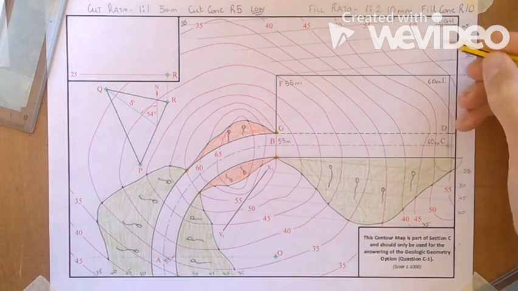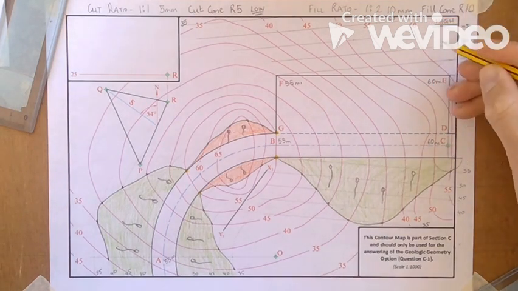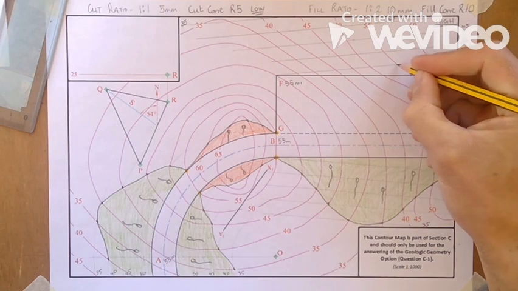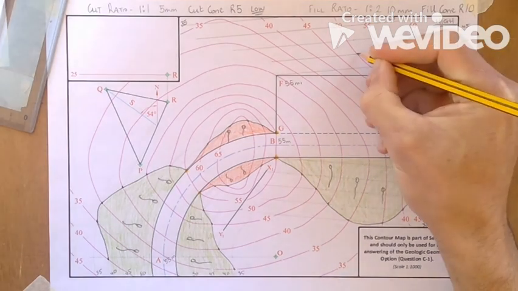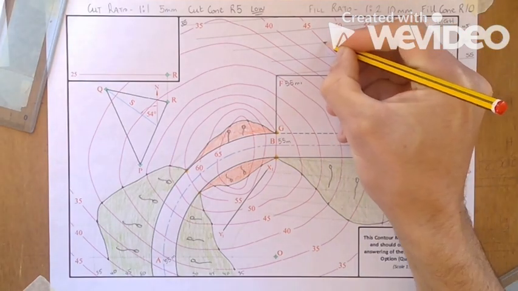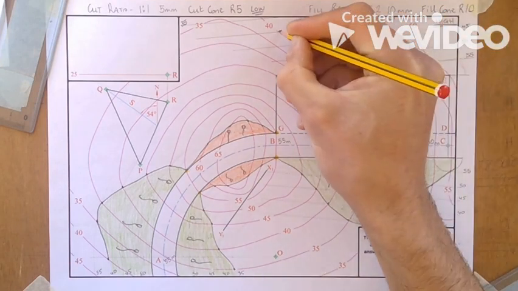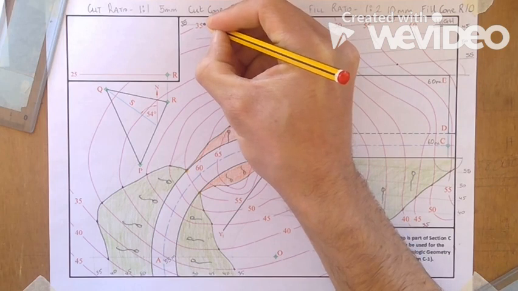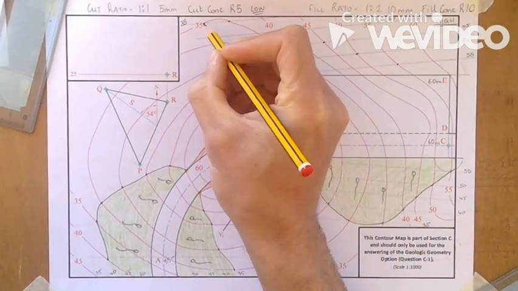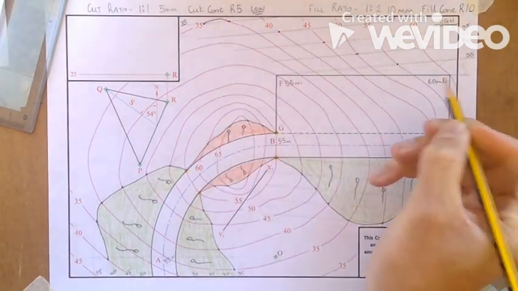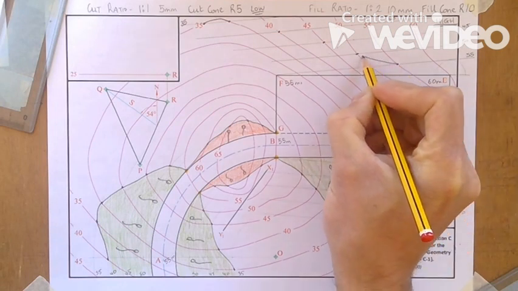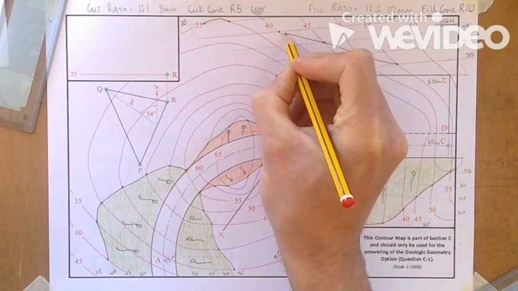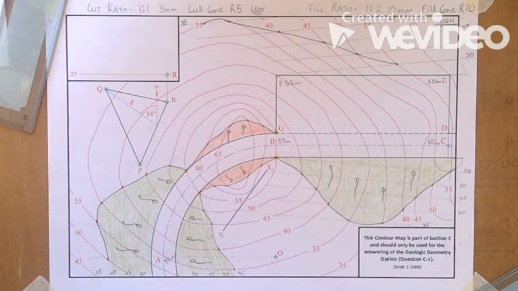So again, identify then on your contour map where each one is. Join up your points.